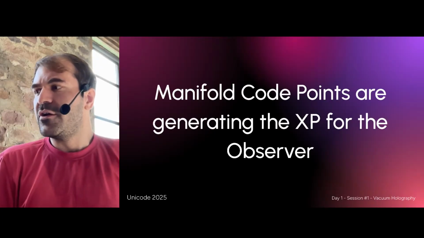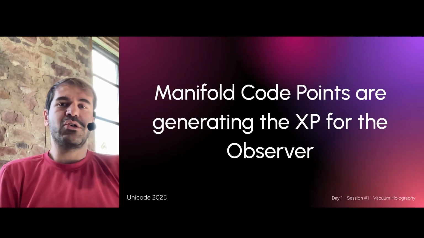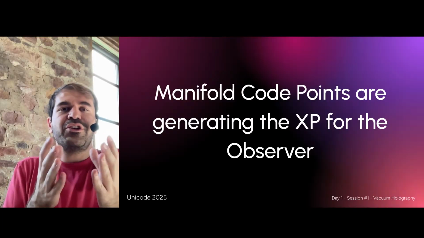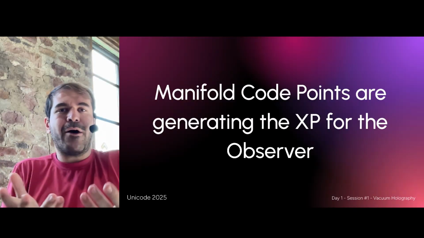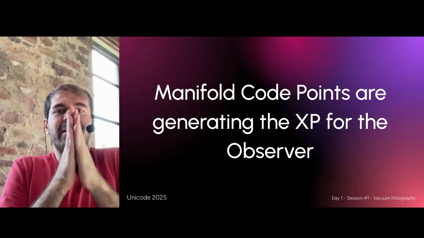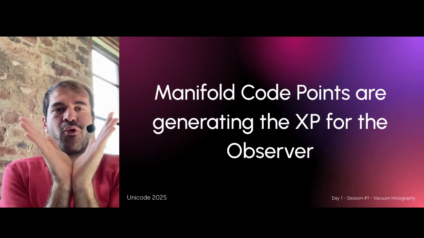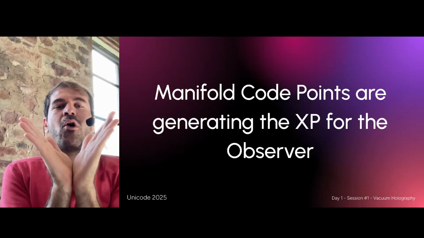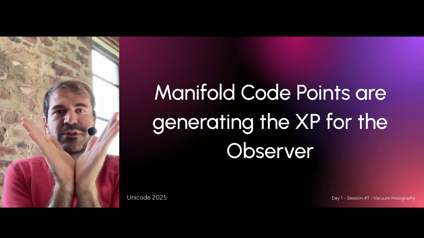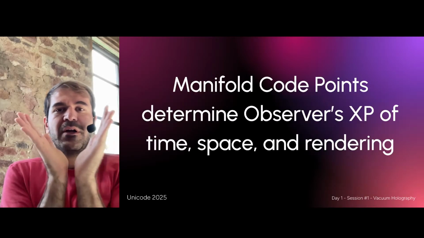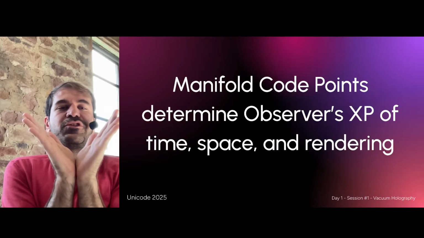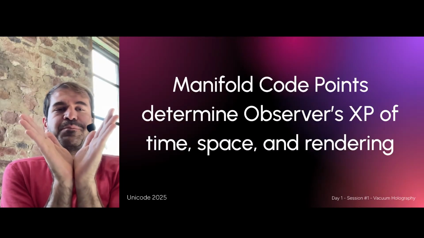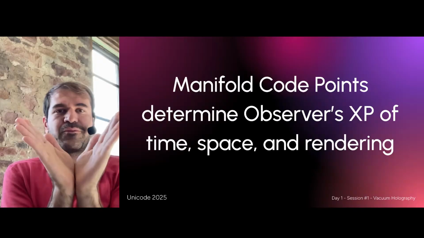So this is a really good model for how consciousness renders experiences: a manifold of code points generating all experiences for all observers. Okay? So that manifold of code points is determining the observer's experience of time, space, and its rendering.